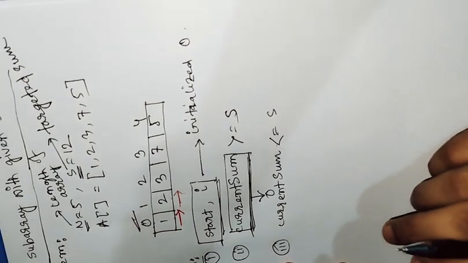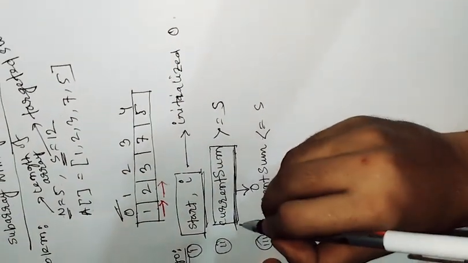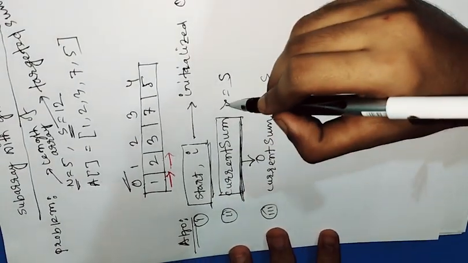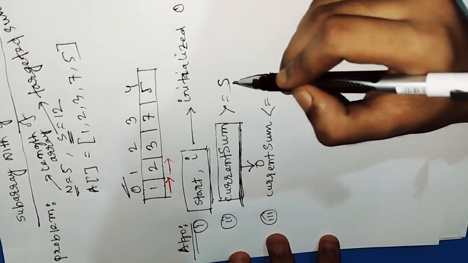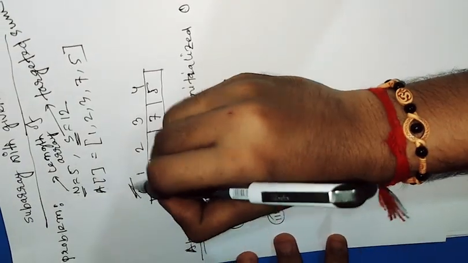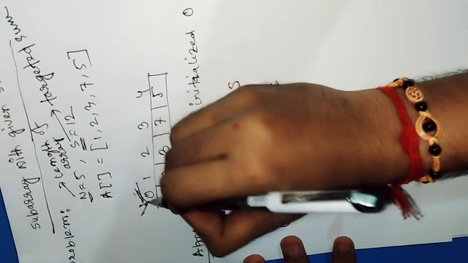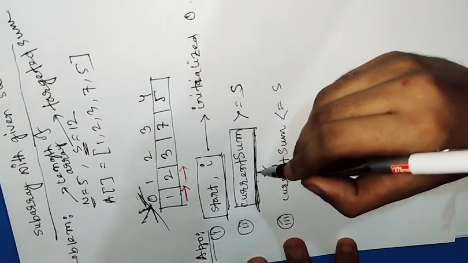Again I repeat these things. We need to check one condition. If the current sum is greater than or equal to targeted sum, that time subtract the value of start index from the current sum.